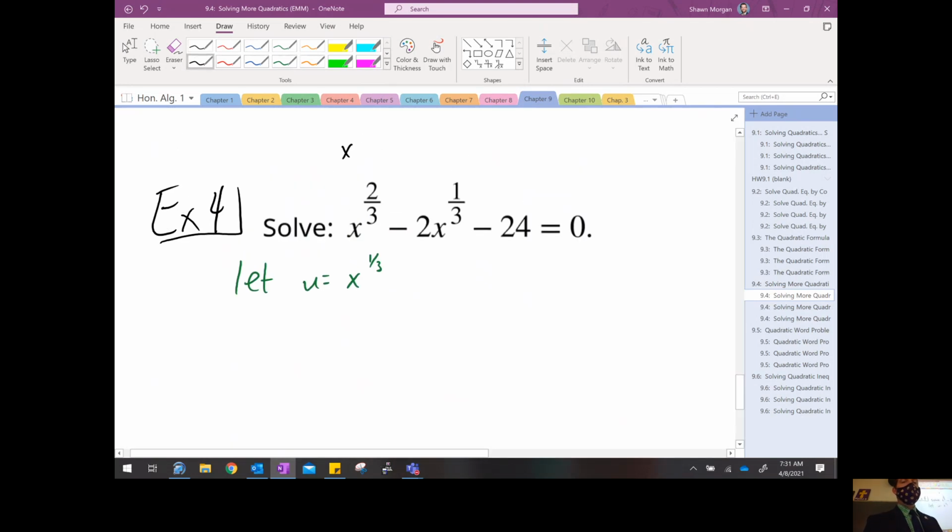X to the 2/3 is the same thing as x to the 1/3, what? Squared. Because when we raise something to a power and then to another power, we're supposed to multiply the exponents, okay? And so if u is x to the 1/3, then u squared would be x to the 2/3. What would u cubed be? I'm just curious. What would u to the 3rd power be?